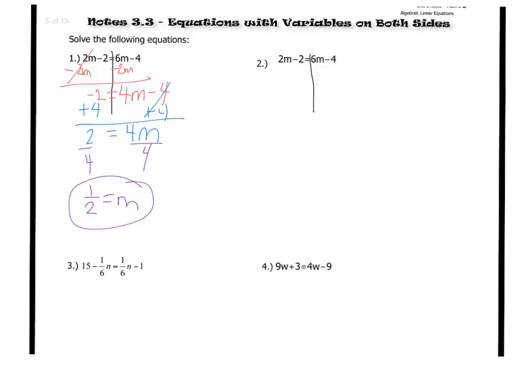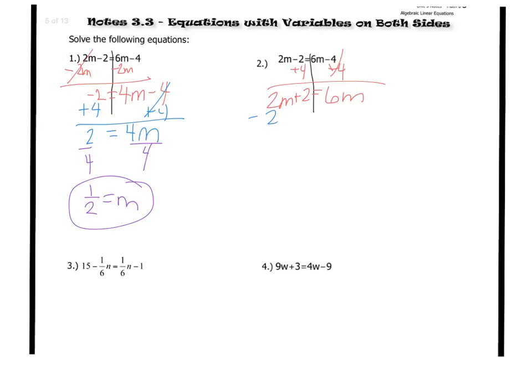If we were to do the same type of problem, but start with the constants, here's how it would look. Again, you want to move the one that will make it positive. So negative 2 is larger than negative 4, so we're going to move the negative 4. So we're going to add 4 to both sides. And now I have 2m plus 2 equals 6m.